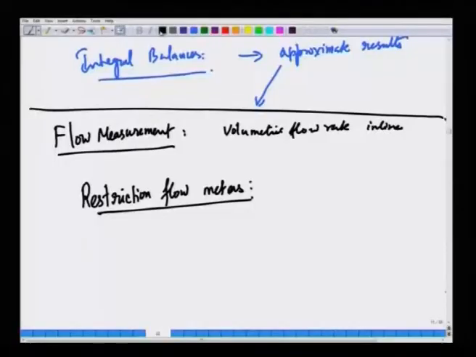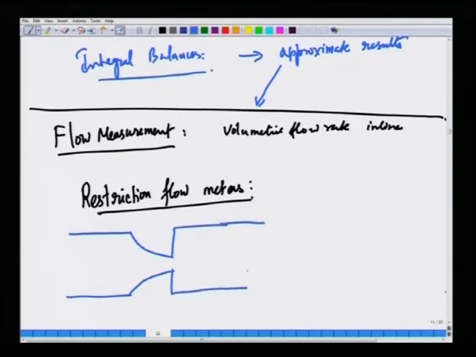So, a typical representative sketch, it is not a detailed geometry of a given flow meter, is that you may have a pipeline through which fluid is flowing, and you may have a contraction and a sudden expansion back to the original pipe diameter, and fluid is flowing upstream with, let us say, the pipe diameter d1.